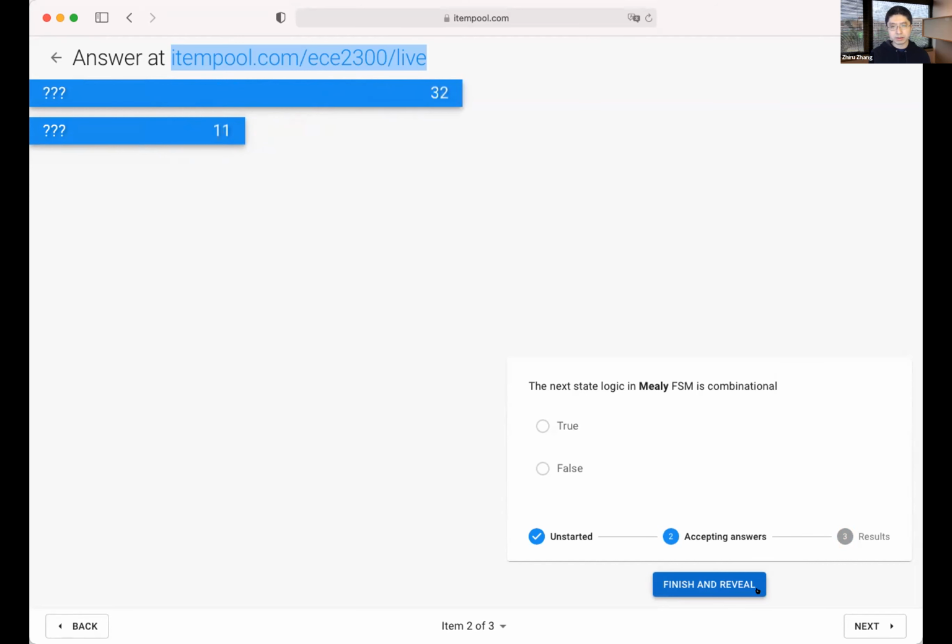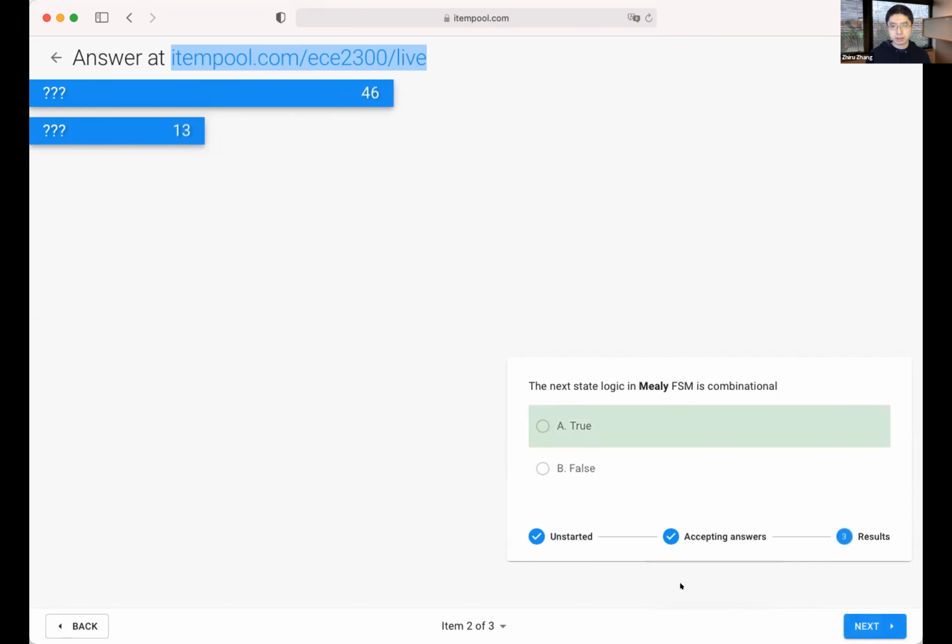True or false? I think the class is converging to one of the answers. All right, let's see. Okay, good job, guys. Most of you got it right. So it is indeed combinational, right?